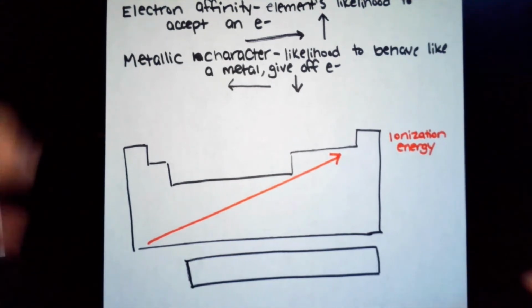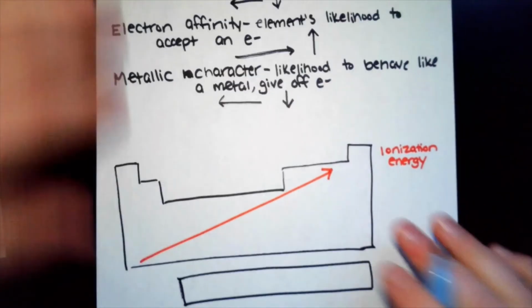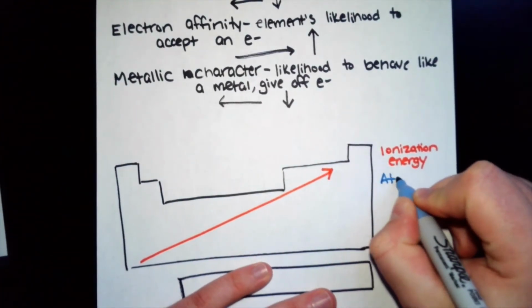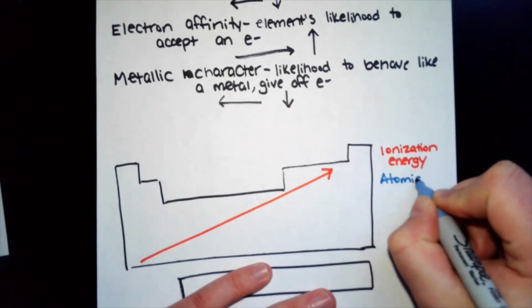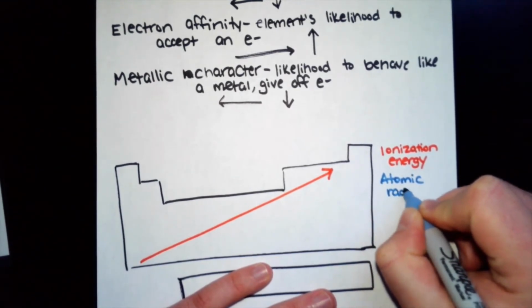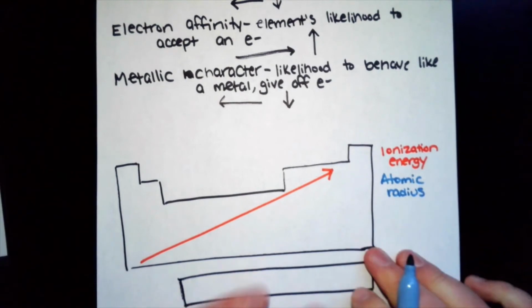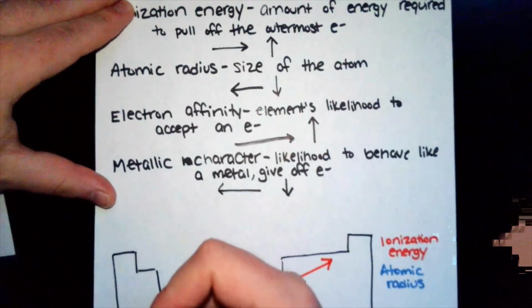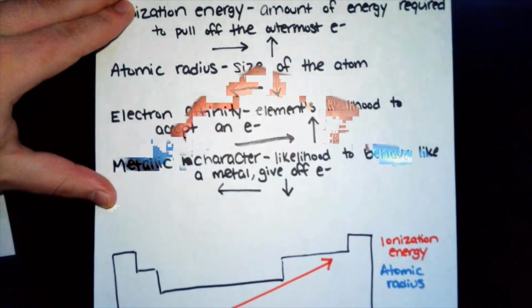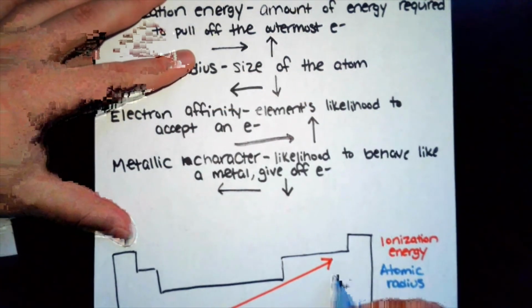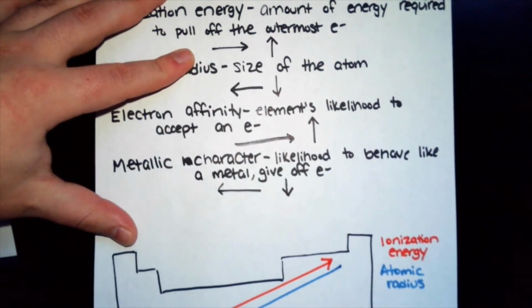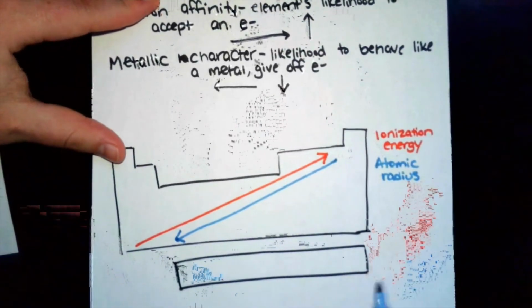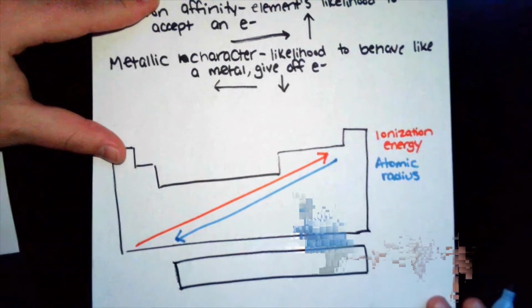Okay, so next I'm going to use blue for atomic radius. And again, I said that atomic radius increases going to the left and down. So now I'm basically going to draw an arrow opposite the ionization energy in blue. So the atomic radius increases going down and to the left.